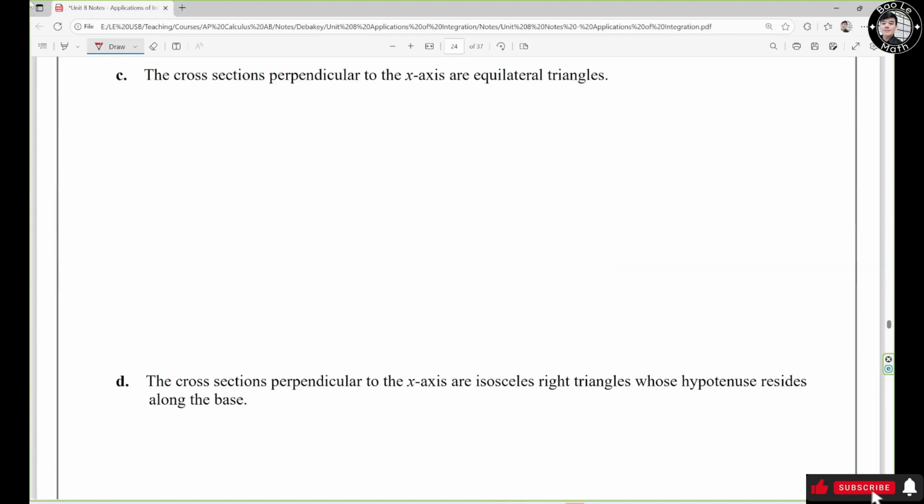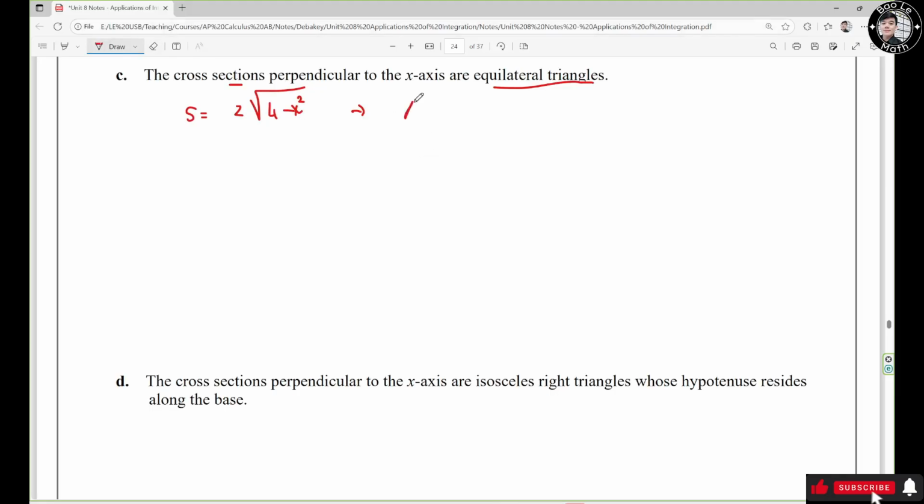Now let's move on to question C. The cross sections perpendicular to the x-axis are equilateral triangles, right? So you know that the side length is going to be the difference between the upper function and the lower function, right? So the side is 2 times square root of 4 minus s squared, which you calculated above, right?